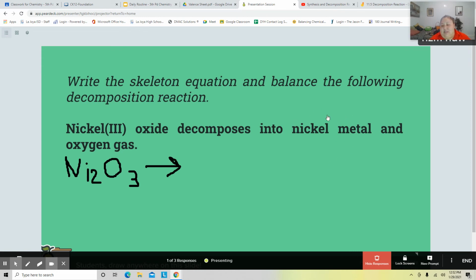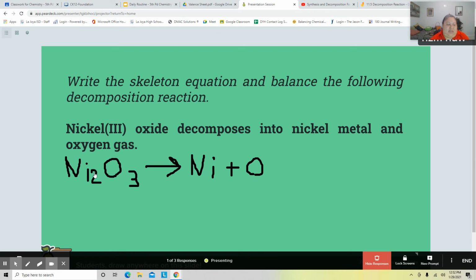And it's going to give us nickel. What's the symbol for nickel? Nickel by itself. And means the plus sign, right? Oxygen gas.